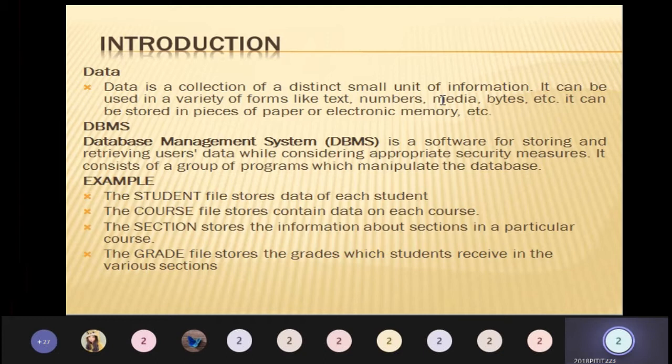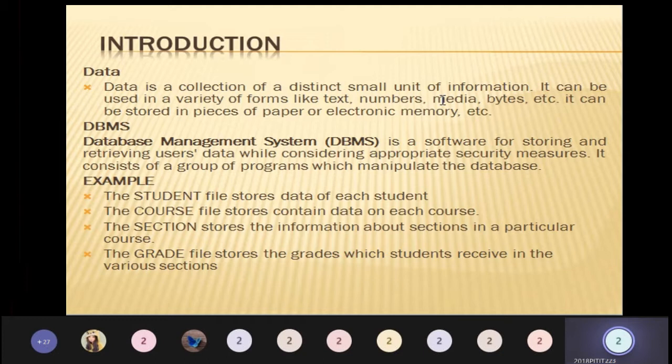While the DBMS permits only one person to access the database at a given time, the RDBMS allows many users to simultaneously access the database.